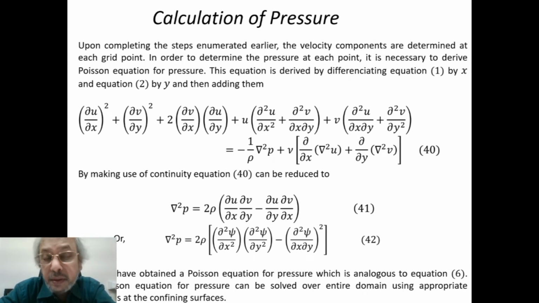For vorticity, we got basically the vorticity transport equation. From there we calculated the expression for vorticity, but basically we made use of the Poisson's equation for stream function. Anyway, whatever we did, you can have a relook into it.